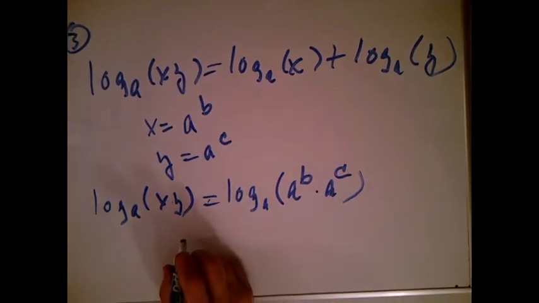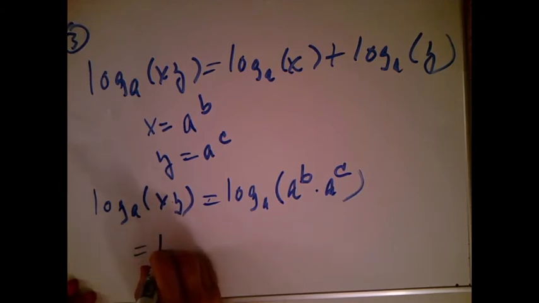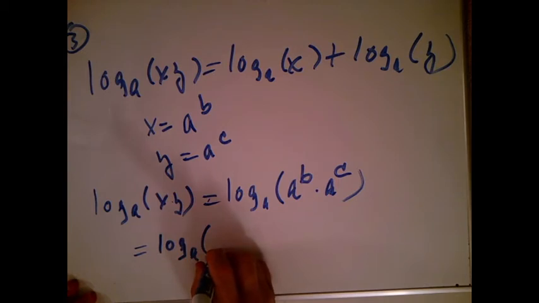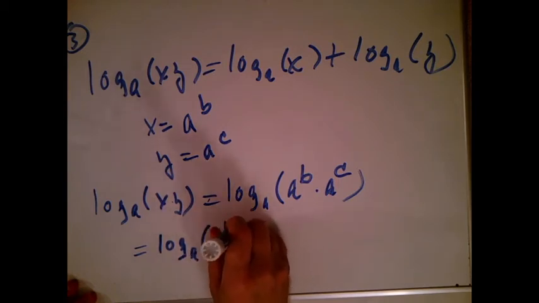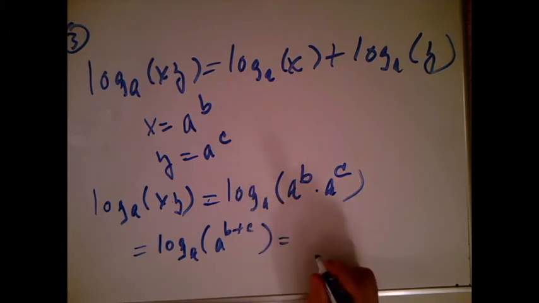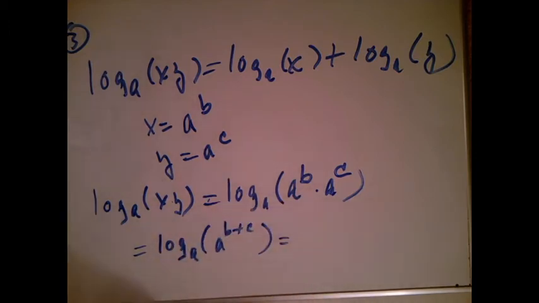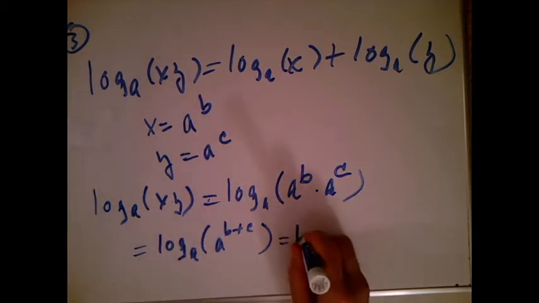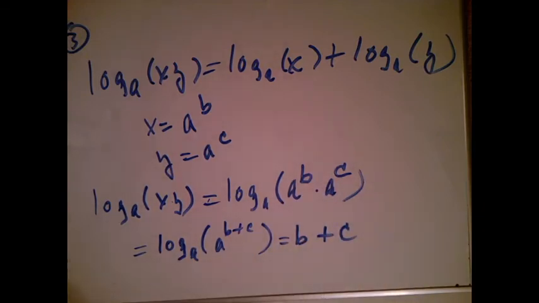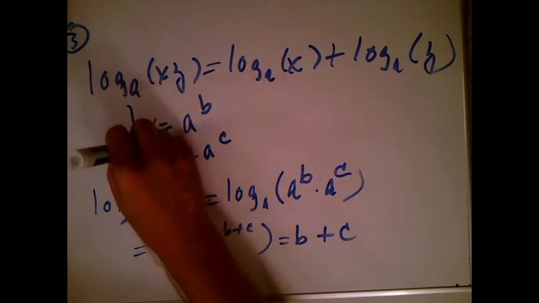So I'm going to use that rule of exponents, and this is going to be log base a of a to the b plus c, like that. And now we've written the inside as a to a power, and so we're just going to get b plus c.